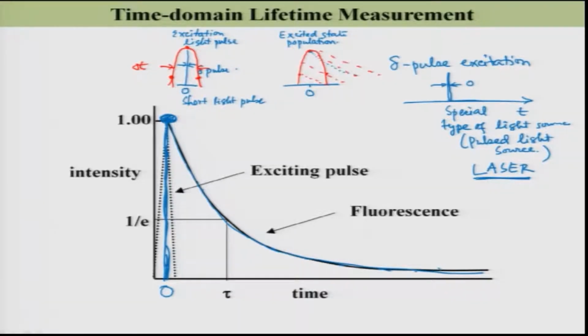lifetime, we already have seen that for fluorescence lifetime the dependence of this intensity I as a function of t is equal to I0, which is the initial intensity, in this case equal to 1 for this particular case, into e to the power minus t by tau.